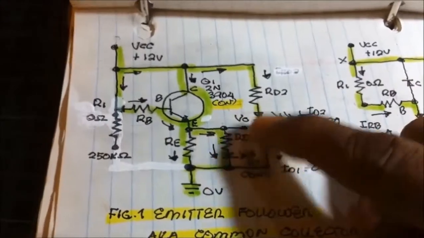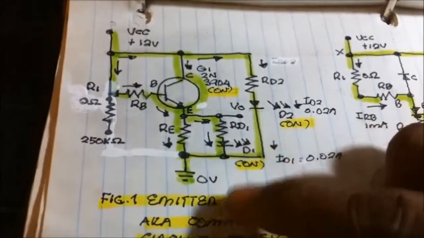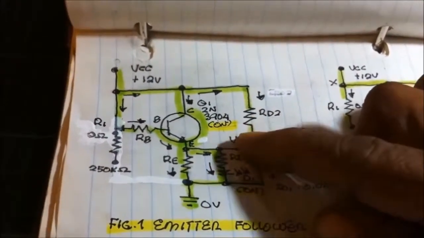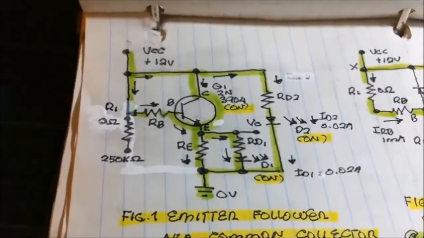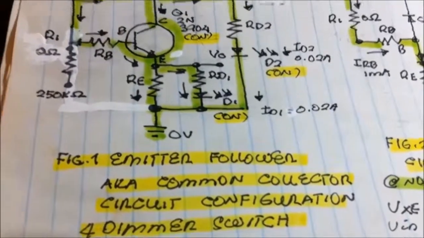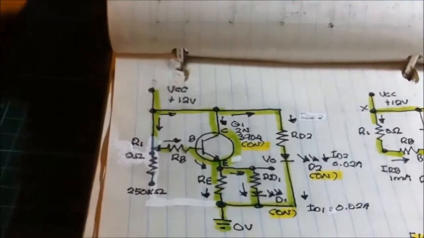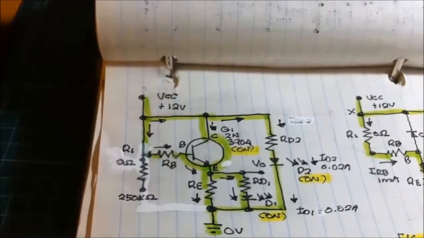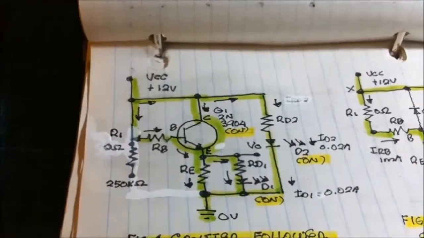Well, you can use the common collector configuration term when you are analyzing this type of circuit and using this circuit as an amplifier. So the common collector term is only used for this type of circuit while you are using it as an amplifier.